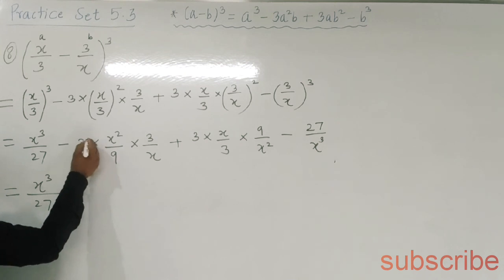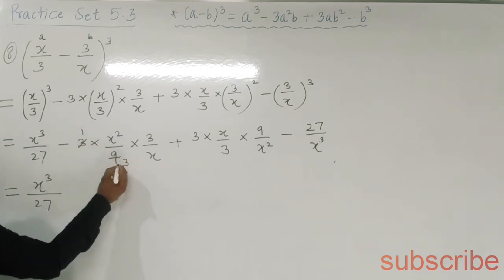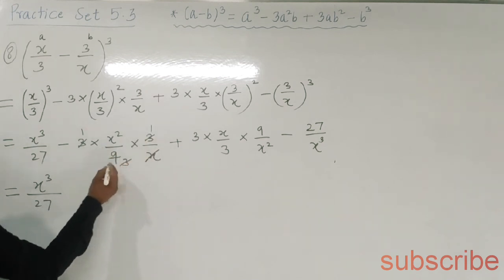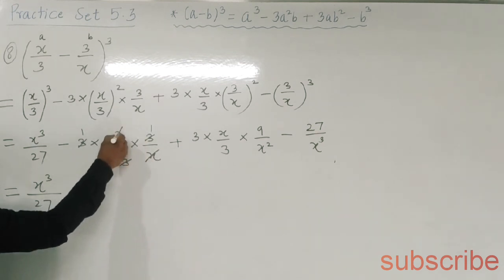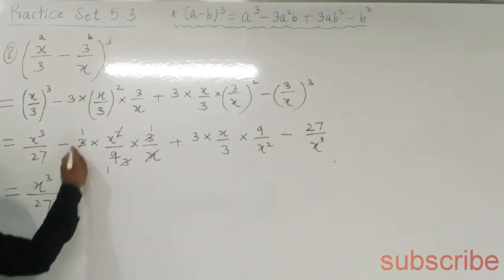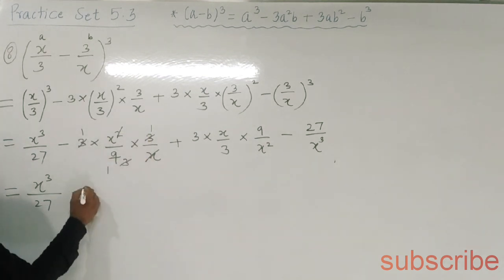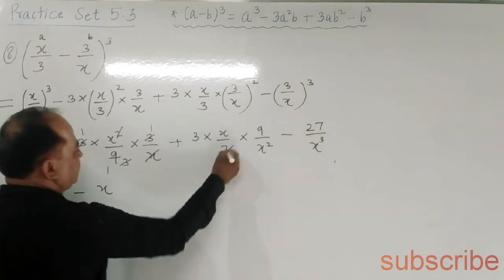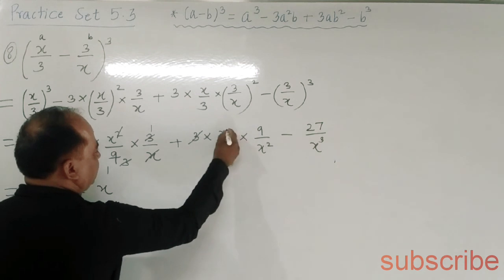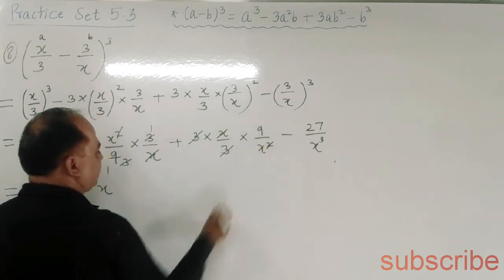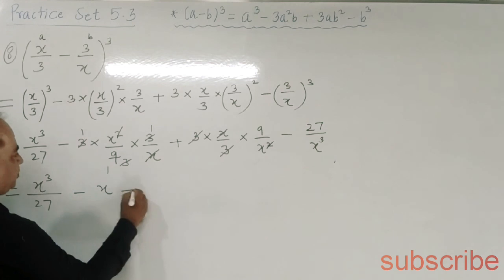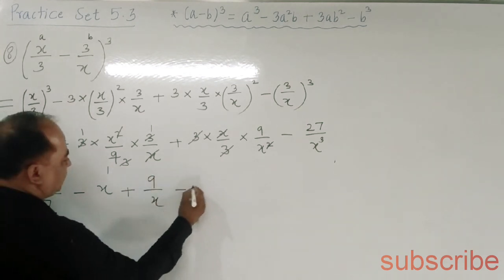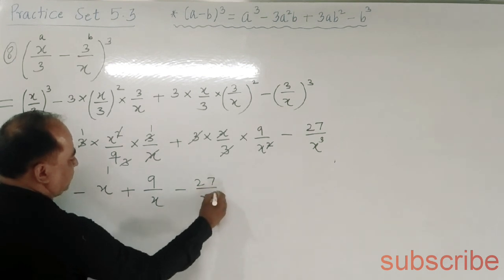Now here 3 1s are 3, 3 3s are 9, again 3 1s are 3 and 3 1s are 3. 1x from numerator and 1x from denominator get cancelled. So what is remaining here? 1 into 1 into 1, and minus only x is remaining. Here 3 3s cancel, so 1x from numerator, 1x from denominator. So plus 9 upon x minus 27 upon x cube.